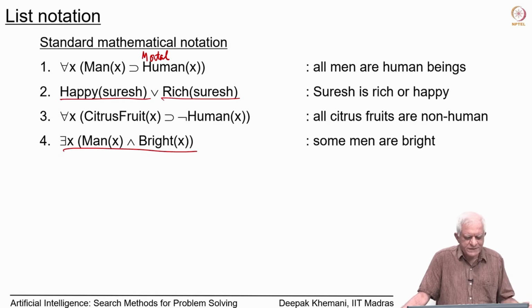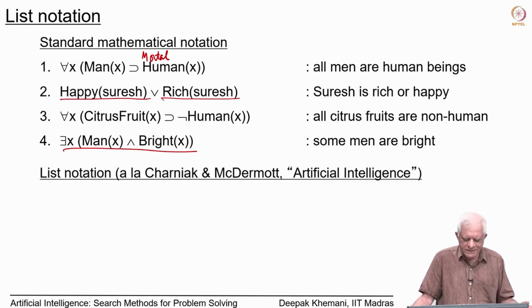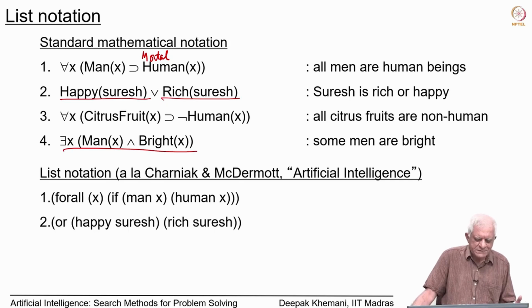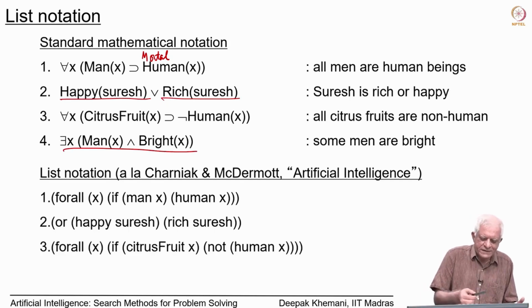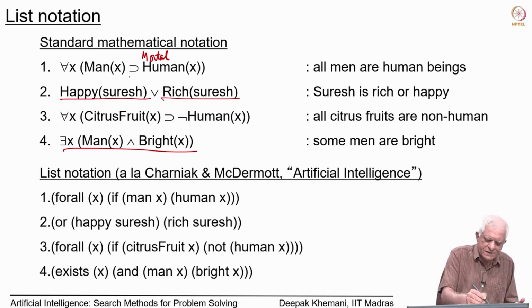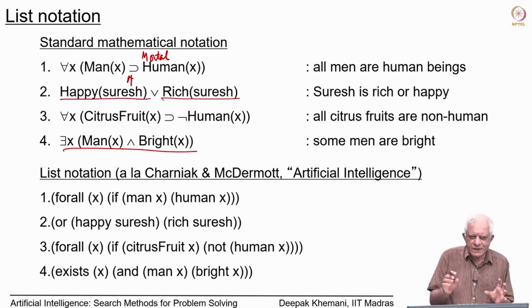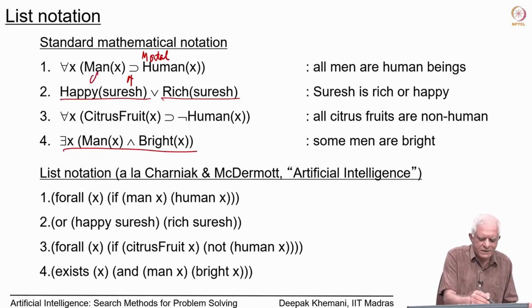The same set of sentences in list notation, which was given to us by Charniak and McDermott, is written slightly differently. As you can see, one difference is that in the mathematical notation, the operator comes between the two formulas that you are connecting to each other. So, this is alpha, this is beta, and this is alpha implies beta.